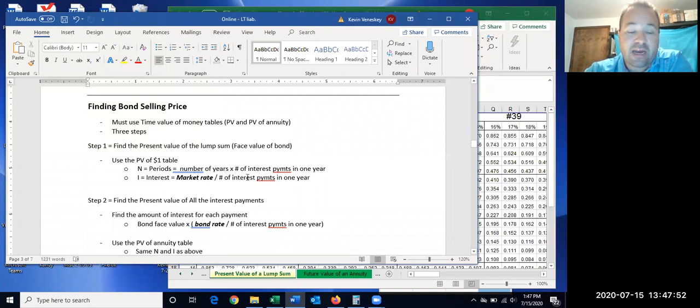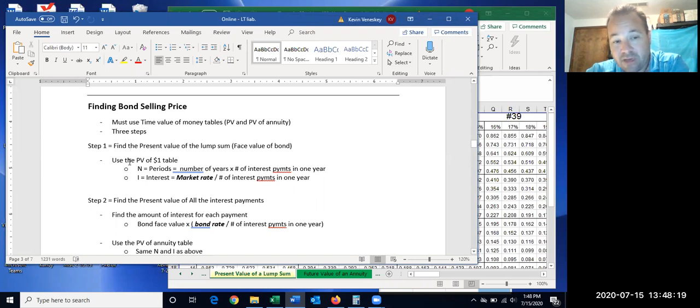So if we had 5 years times 2 payments in a year, that's 10. And then interest is just the opposite. If it's giving you 8%, but it's paid twice a year, you take the 8 and divide it by 2, and you get I is 4, if you had that example. So we're always going to be using N and I as we go through these. And we're going to put some numbers to these as we go along.